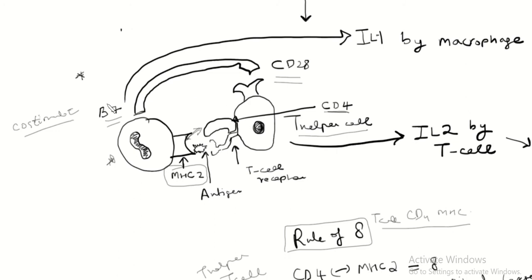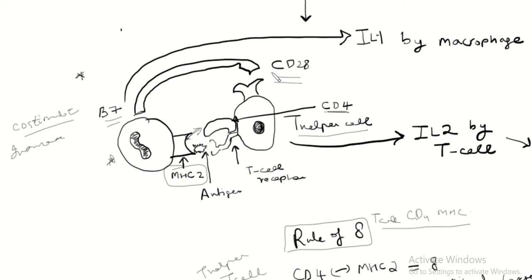And this is what I call an insurance policy. Okay? So I had the MHC2 attaching to CD4 and the T cell receptor attaching to the antigen. That's the first stimulation, and then there's a co-stimulation of B7 attaching to CD28. And this now locks and loads it into place.